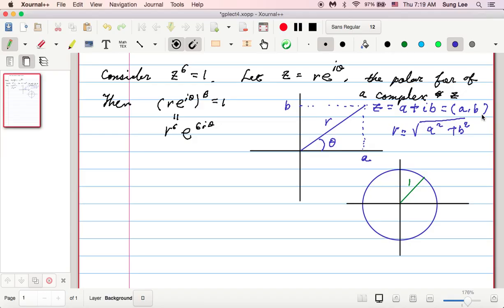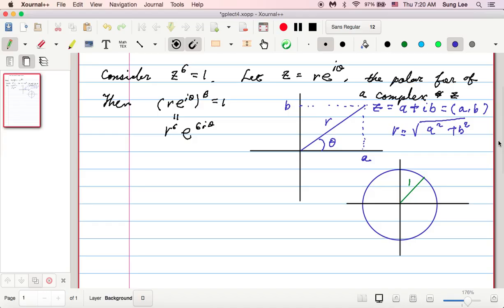Topologically speaking, the set of complex numbers is equivalent to R2, but you don't have to worry about that right now.